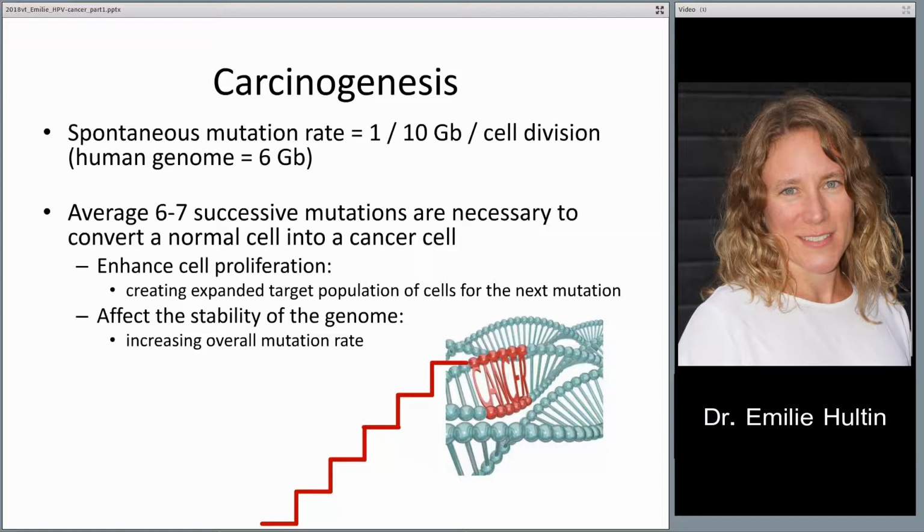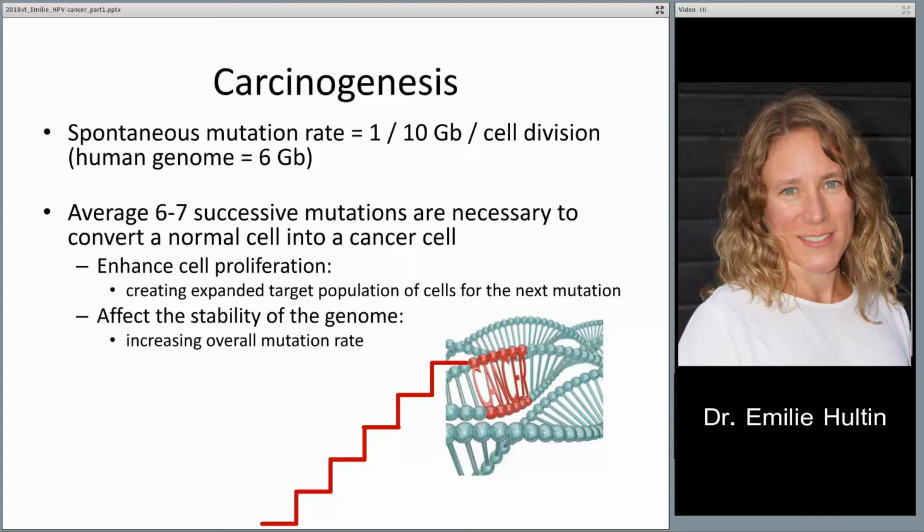This in turn will give rise to more mutations, as with more cells undergoing cell division, it's more likely that a second mutation occurs. So the more cells that divide, the more likely it is for a second mutation to occur.